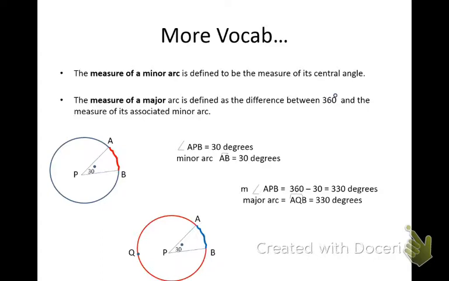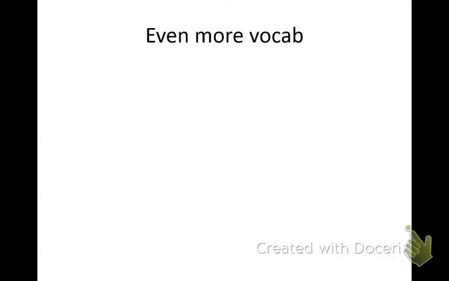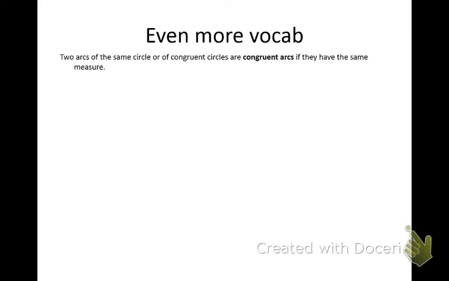Do I have it? Two arcs of the same circle or of congruent circles are congruent arcs if they have the same measure. So if one measures 30 degrees and the other measures 30 degrees, they have the same measure.